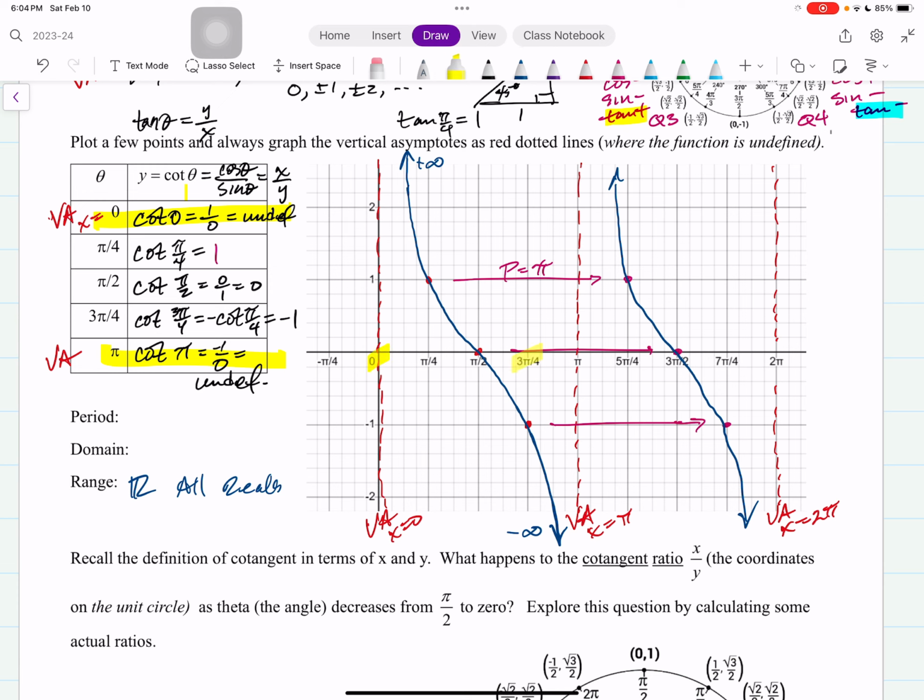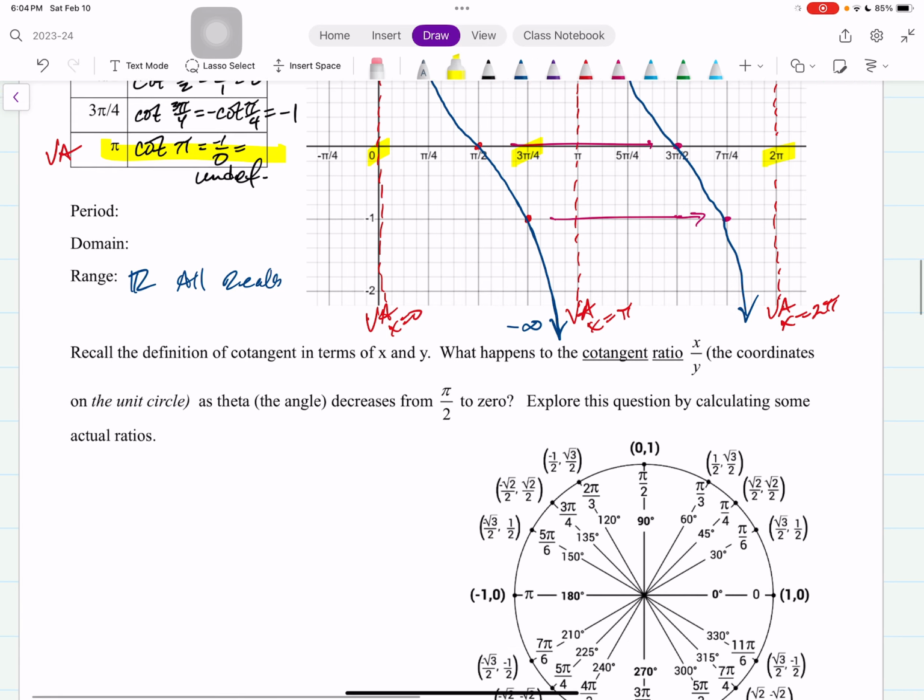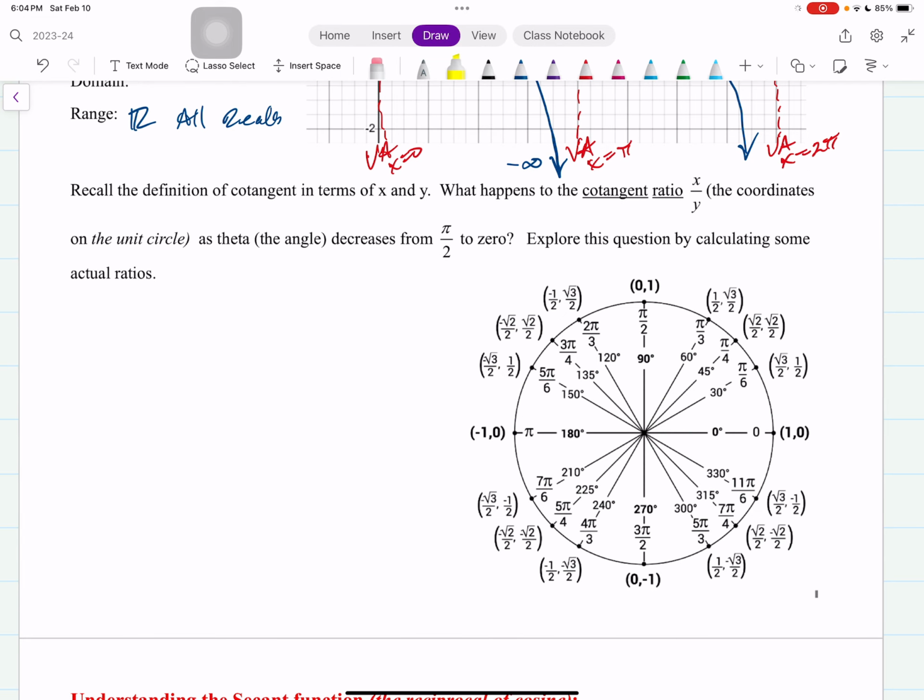So why? We're going to do a little analysis here. This part I haven't done with you yet. Recall the definition of cotangent in terms of x and y. What happens to the cotangent ratio of x divided by y of all the coordinates on the unit circle as theta, the angle, decreases from pi halves to 0?